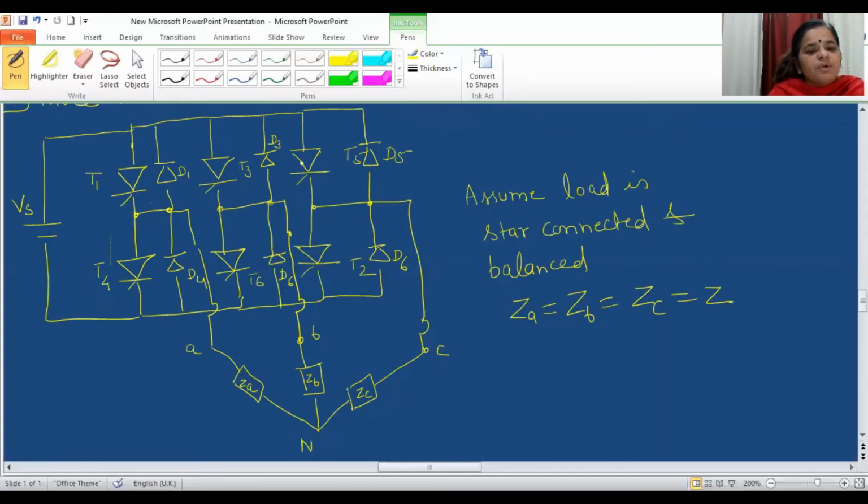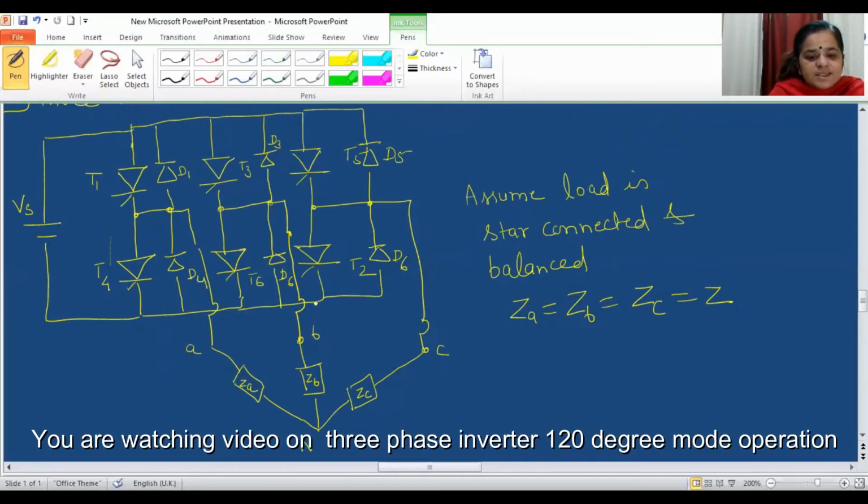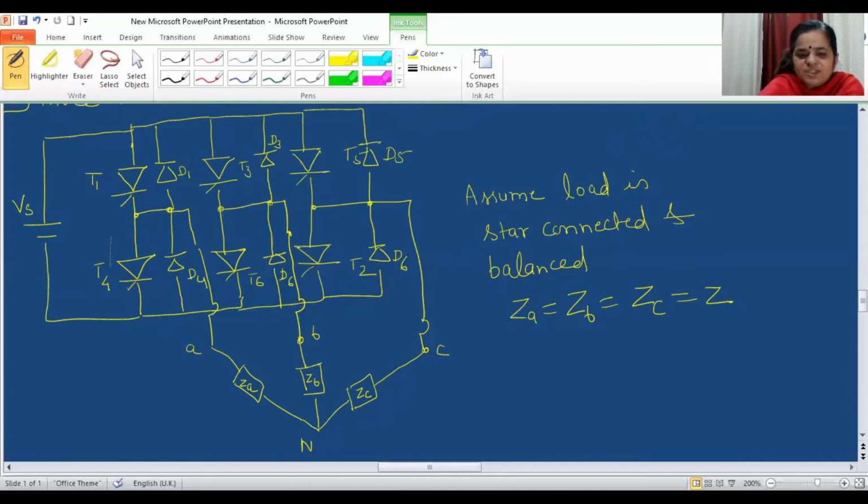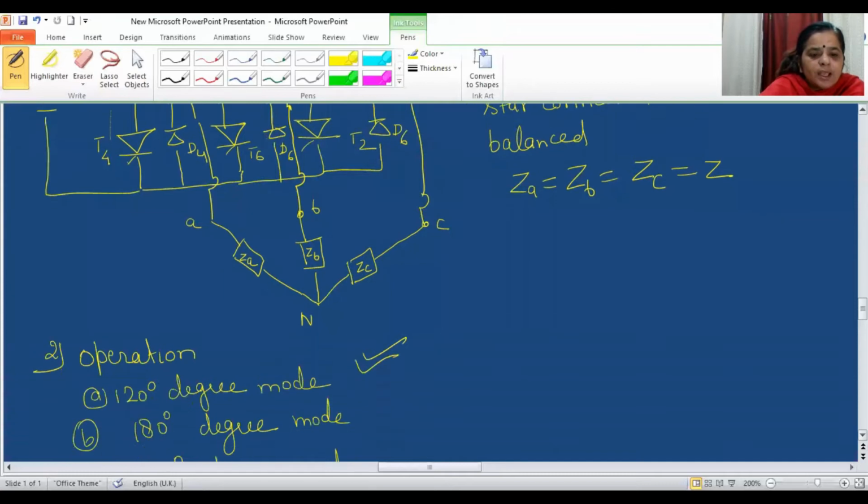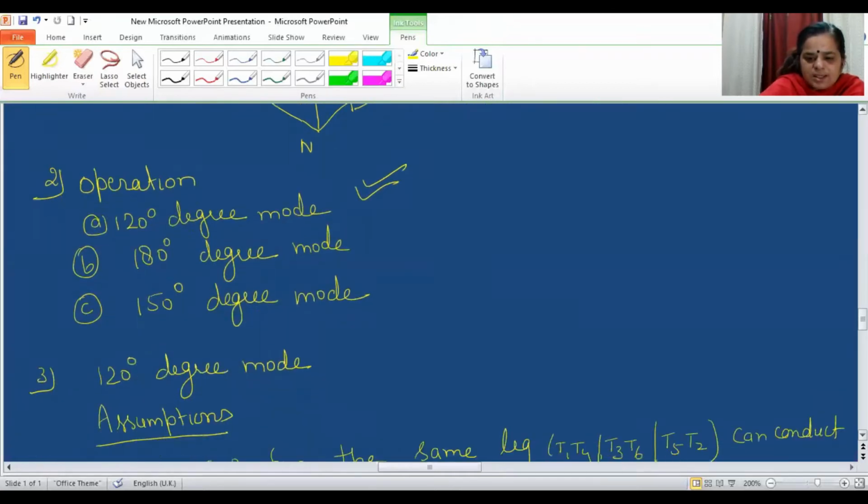That's why T1, T3, T5 are called the positive group SCRs. Similarly, if you see SCRs 4, 6, 2, the cathodes of these three SCRs are at the same potential, so they can only be forward biased when they are connected to the maximum negative supply. So 4, 6, 2 will be called the negative group SCRs.